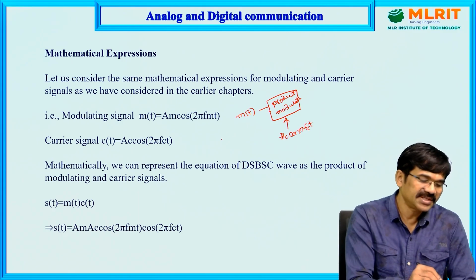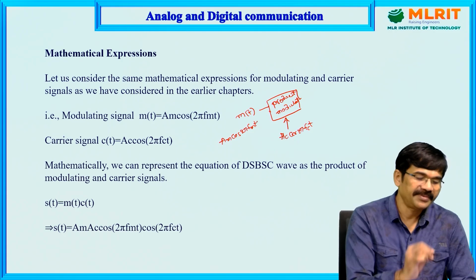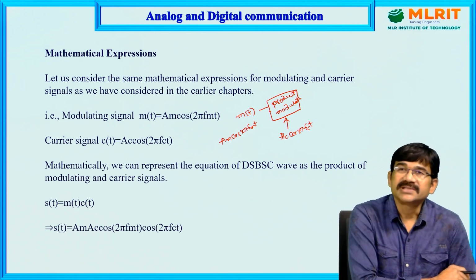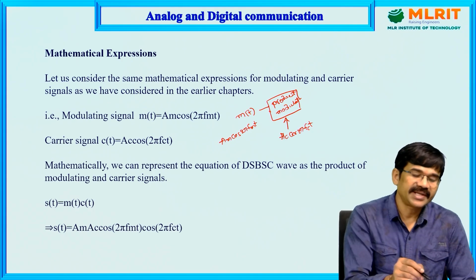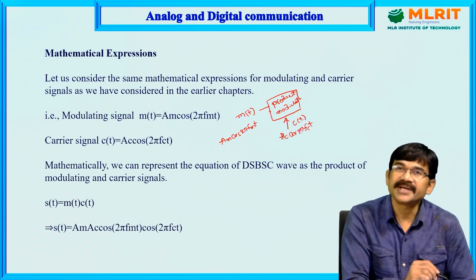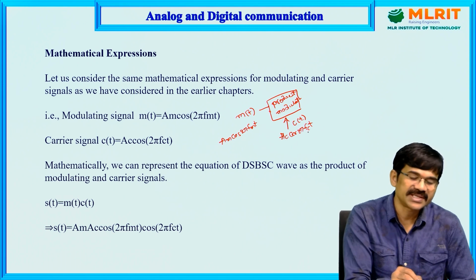m(t) is nothing but Am cos 2π fm t. c(t) is nothing but Ac cos 2π fc t. The carrier contains the high carrier frequency.